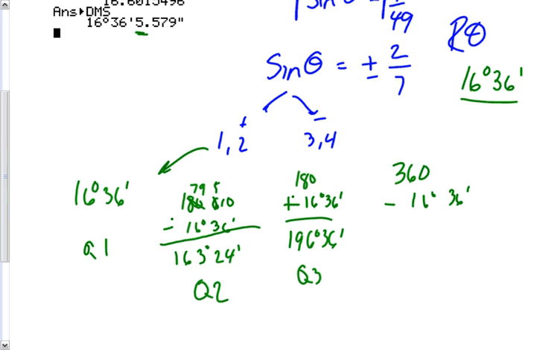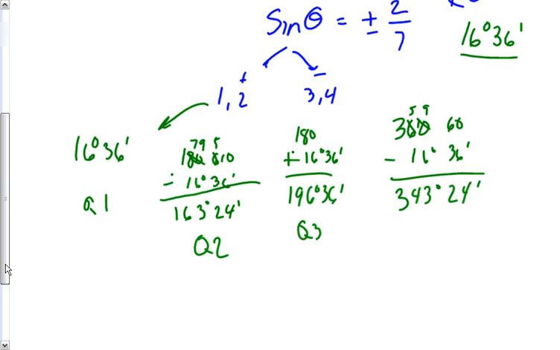It's very similar. I'll borrow the 60 again. There's the 5 and the 9 I need, because it was 10. That gets you that 24, but also I have to subtract, so that's my 3, and then after that, 4. 343 degrees and 24 minutes.